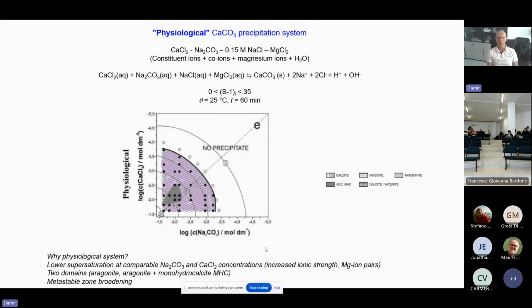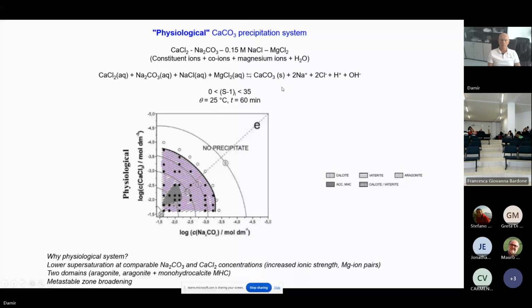So the equilibrium in this system assumes mixing of calcium chloride, sodium carbonate, sodium chloride, and magnesium chloride, and we have only one precipitate, that is calcium carbonate. But we also have a high concentration of sodium and chloride ions, and also hydrogen and hydroxide ions.